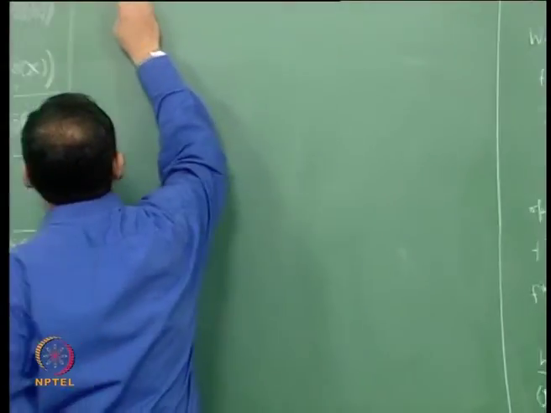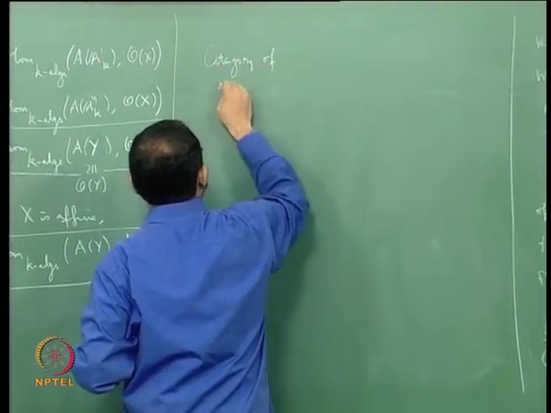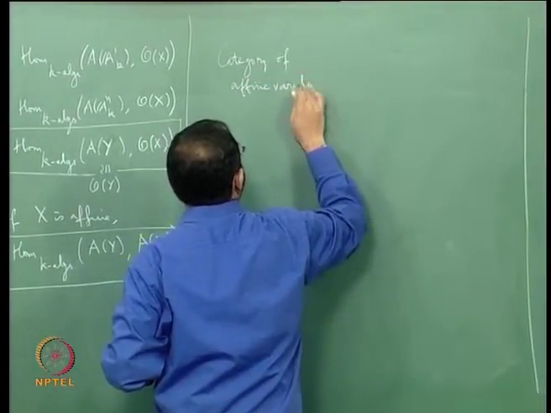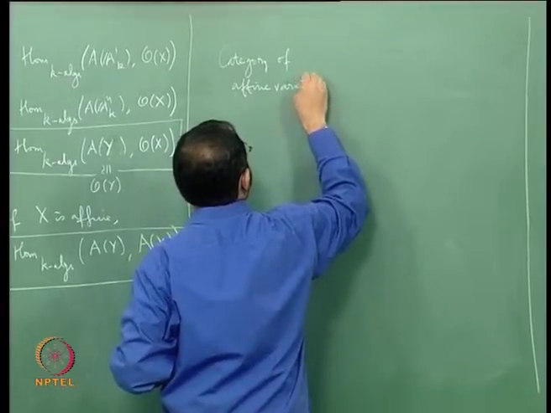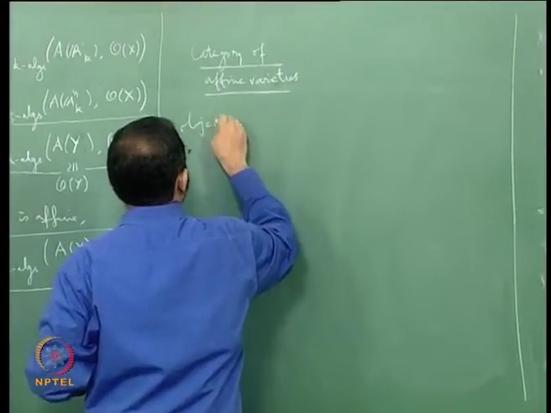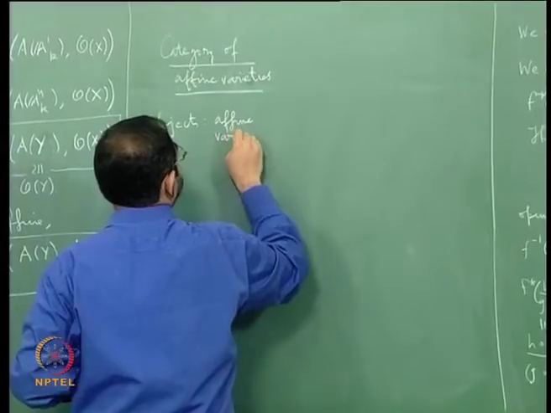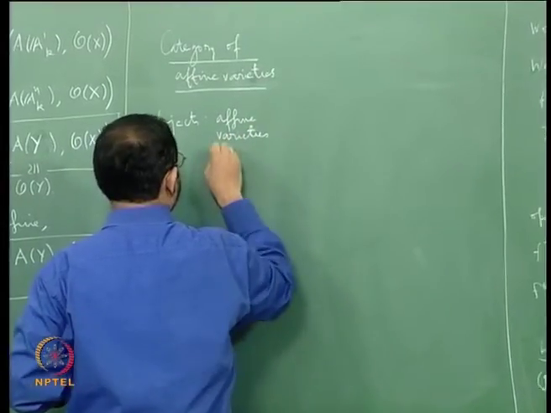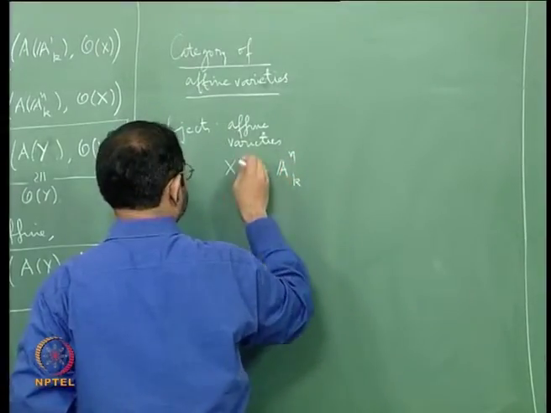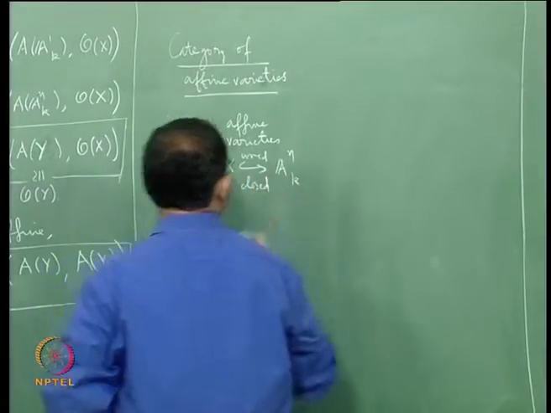So here on this side I take the category of affine varieties, okay, and here the objects are affine varieties, namely irreducible closed subsets of A^n for some n positive.